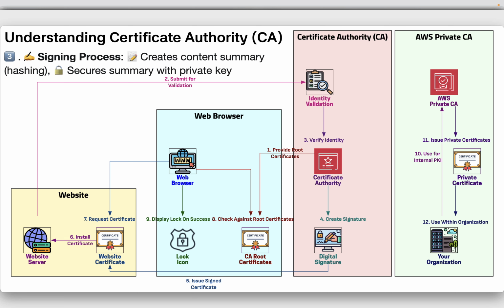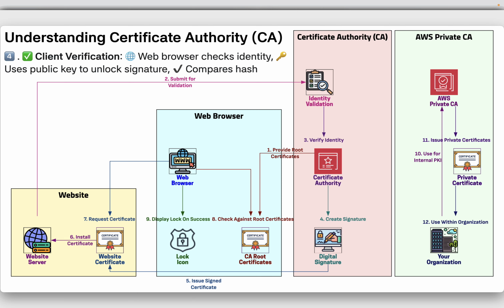The CA signs a certificate by creating a summary of the content, which is hashing, and then securing this summary with a private key that is linked to the certificate's public key. When a web browser needs to check a subject's identity, it uses the public key to unlock the certificate signature. It creates its own summary of the content and makes sure the hash matches the decrypted signature.